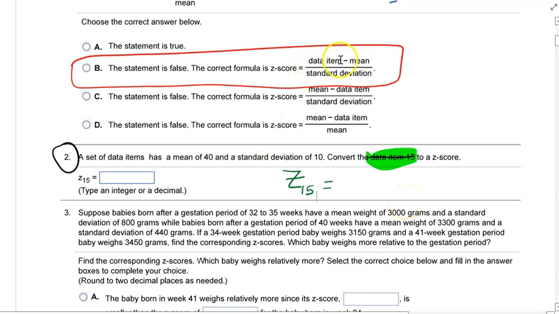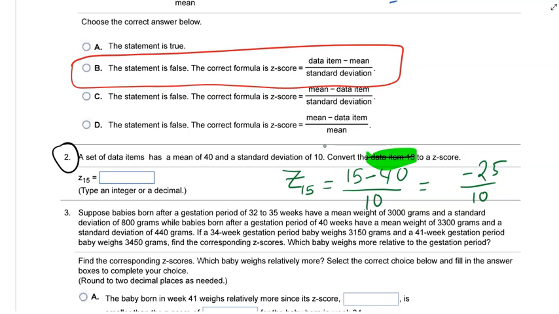We know the data item, which is 15, minus the mean, which is 40, divided by the standard deviation, which is 10. Okay, this gives you negative 25 divided by 10, and that's going to be negative 2.5. Therefore, the z-score of 15 is negative 2.5. That's the answer.